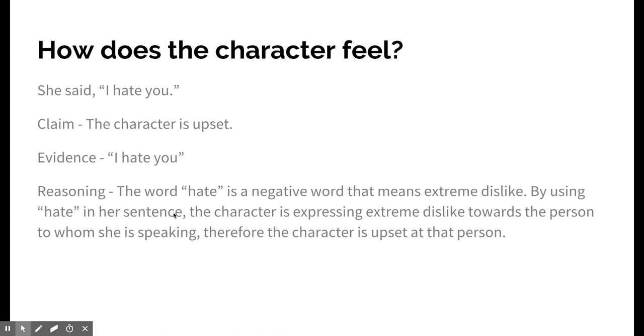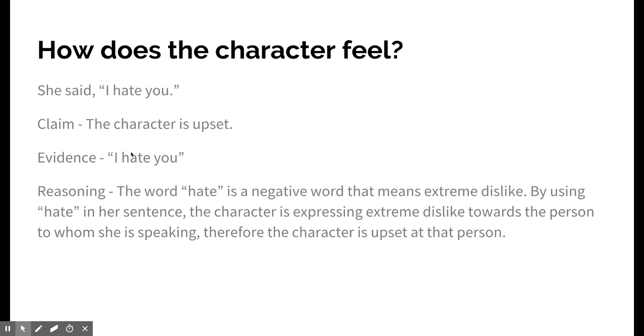By using hate in her sentence, there's your evidence again, the character is expressing extreme dislike towards the person to whom she is speaking. Therefore, the character is upset at that person. So I've got my claim in here: the character is upset at that person. I've got my evidence, the word hate, and then I've got how that proves it: expressing extreme dislike towards the person to whom she is speaking because she used that word. So there's how that one works.